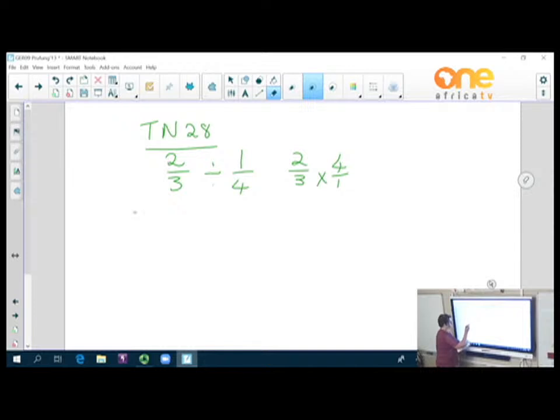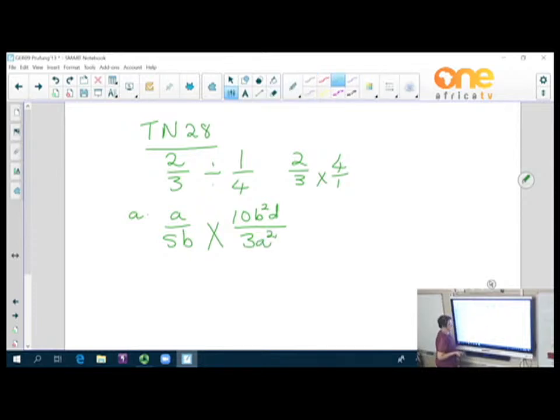So try now 28, the first one there. It says A over 5B, and because I divide, I multiply with the reciprocal. So I already did step 1 now here, 3A squared. From there, it's exactly the same as we've been doing before. What can divide? 5 can divide into 10 twice.